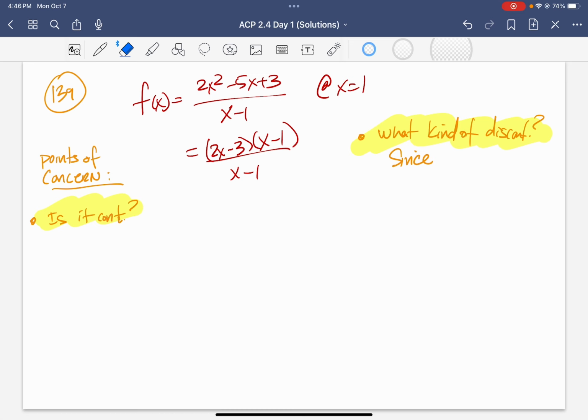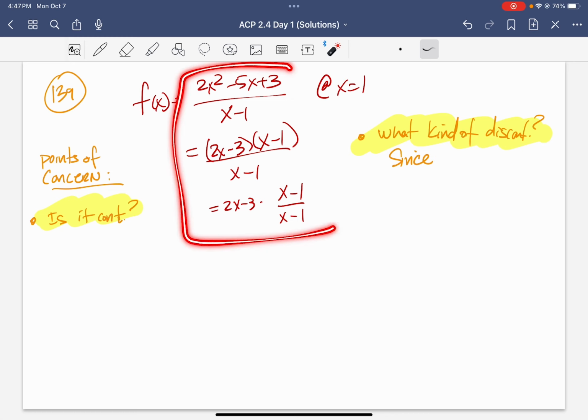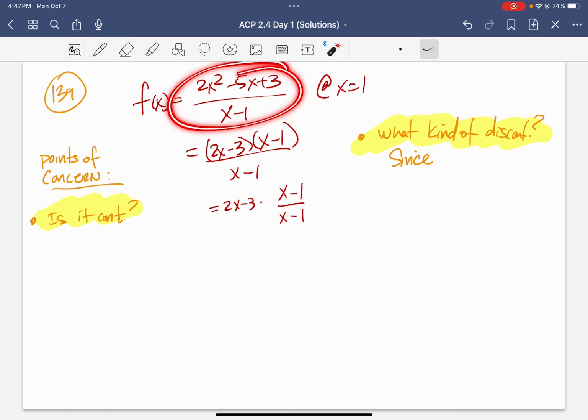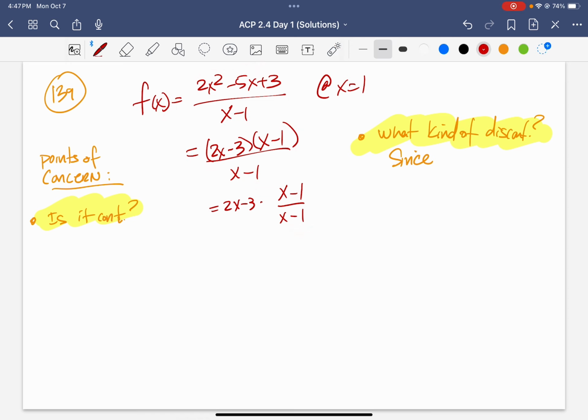So what we really have is this times this. So now I can really see what's going on with this function. I have a line that someone has busted a hole in, because this really only gives me a problem when x is equal to 1. So notice how math and science is all about form. I've rewritten it in this final form where I can really see it's just a line with a hole in it. So my point of concern was x is equal to 1. Is it continuous there?